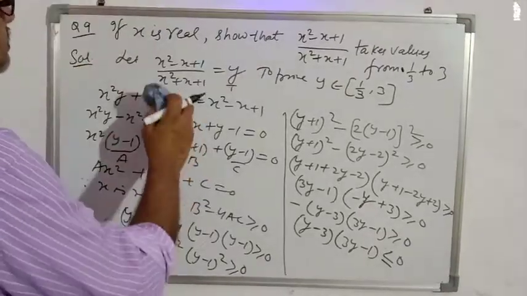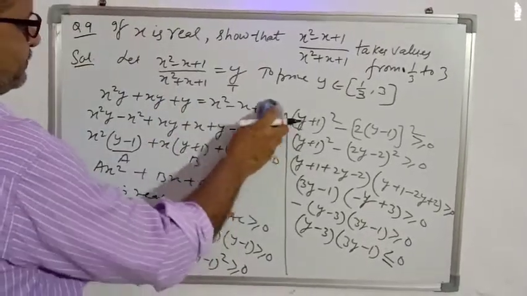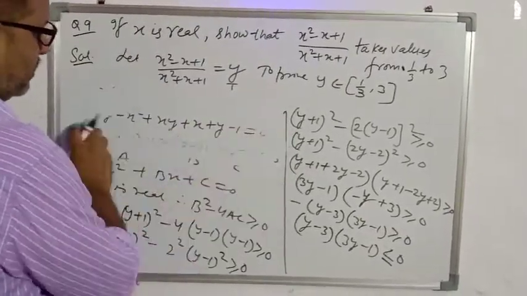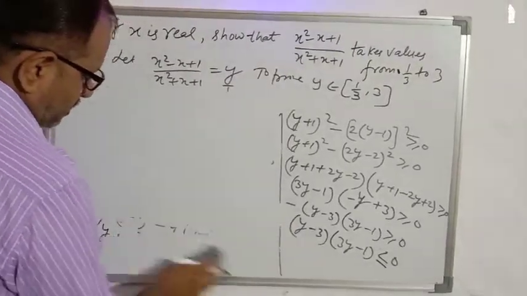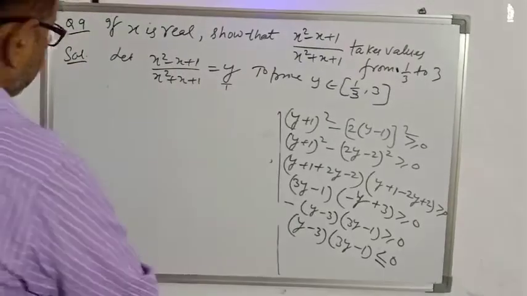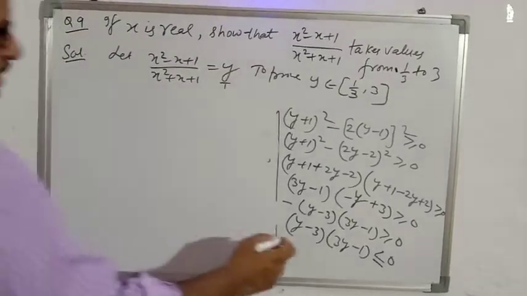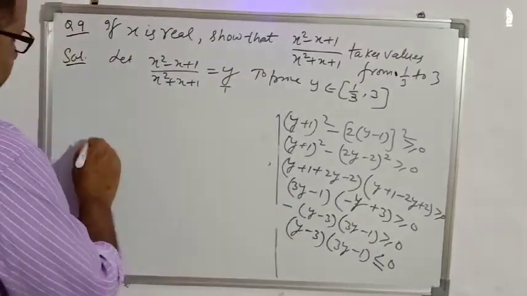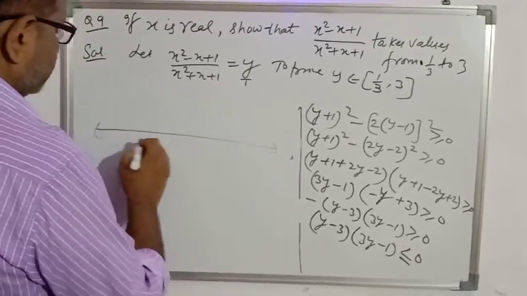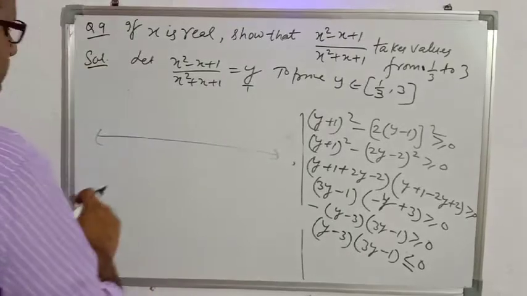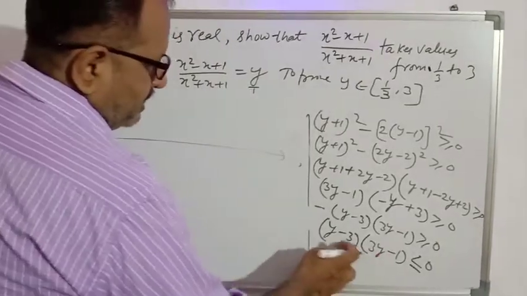So we will take a real number line, 1 by 3 and 3.